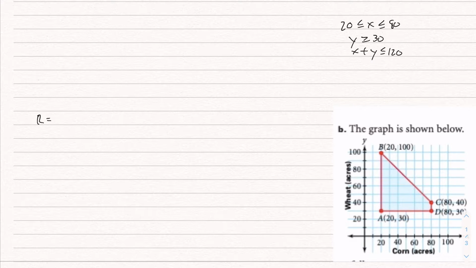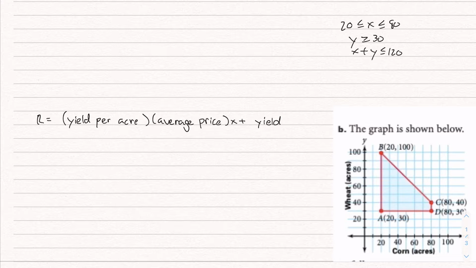R is equal to yield per acre times average price times x, plus yield per acre times the average price times y.